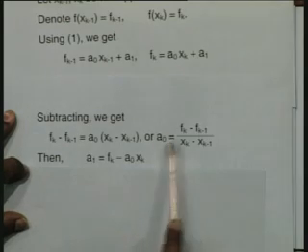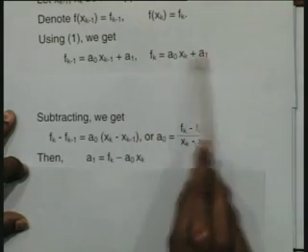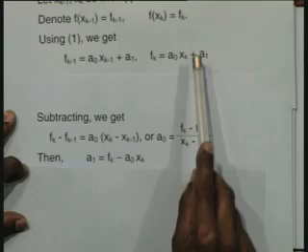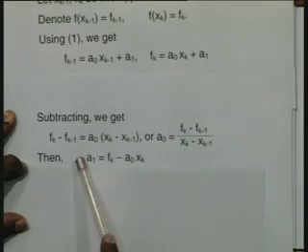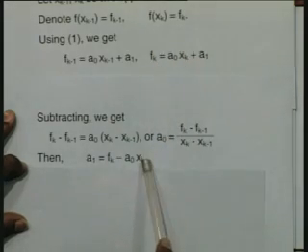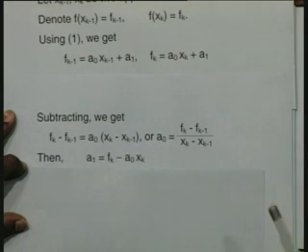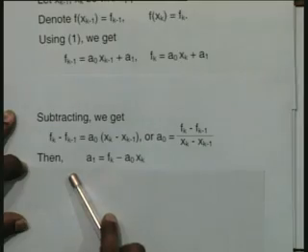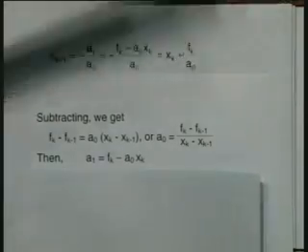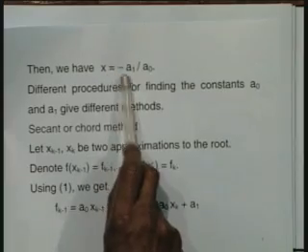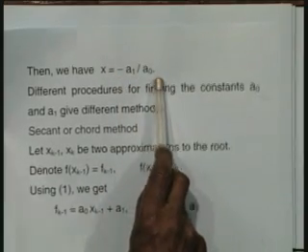Once I solve for a0, I can determine a1 from either of these two equations. If I take this equation, I can write a1 is equal to fk minus a0 xk. Now I have determined a0 and a1, and the root that we have said is x equal to minus a1 upon a0. So I will substitute the values of a1 and a0 to get the next approximation.